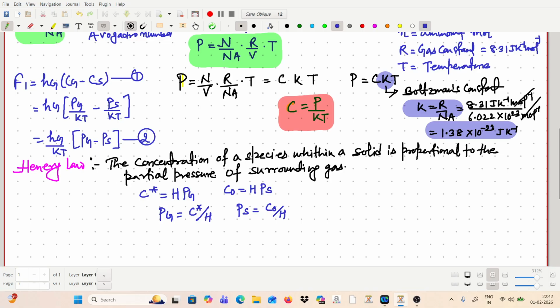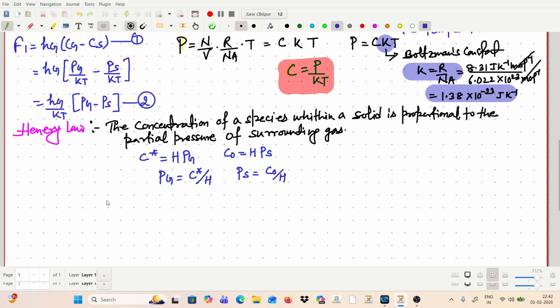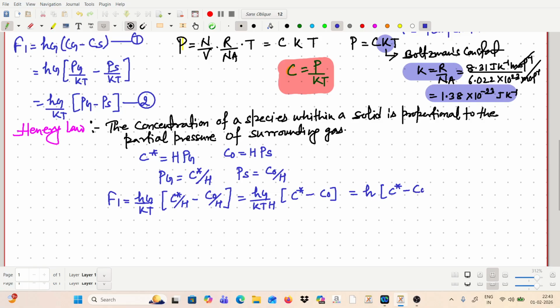Now we have to put this in equation F1. So finally F1 can be written as hg by Kt times C star by H minus C naught upon H, or we can write it as hg Kt H times C star minus C naught. This whole term is somehow a constant, so I am writing the proportionality constant H times C star minus C naught.